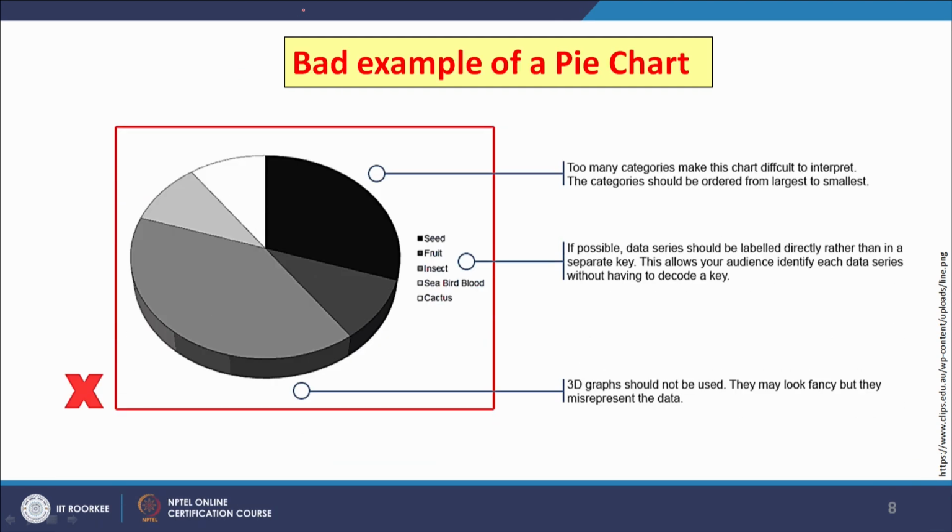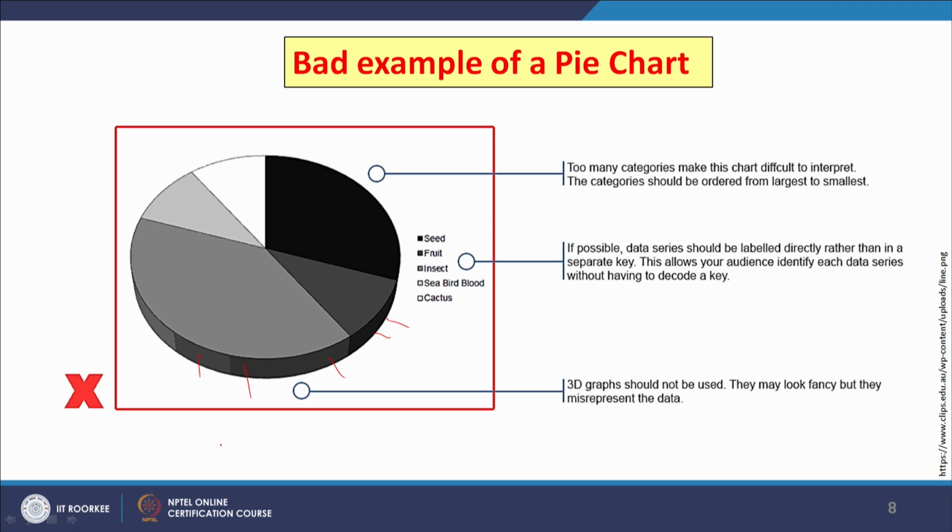We can have a bad example of a pie chart just to understand what kind of mistakes can be made. First of all, there are too many pieces of pie, and then interpretation of this becomes very difficult. There is no need of making this 3D, because only part of this pie one is able to see, the remaining is not.